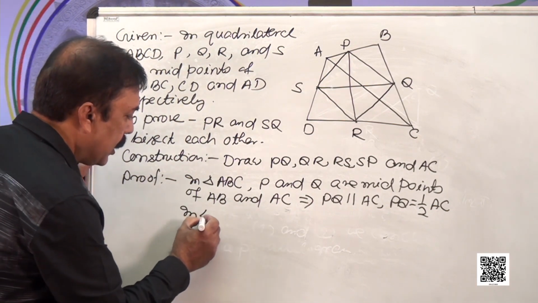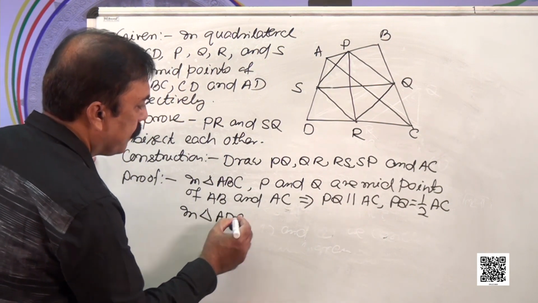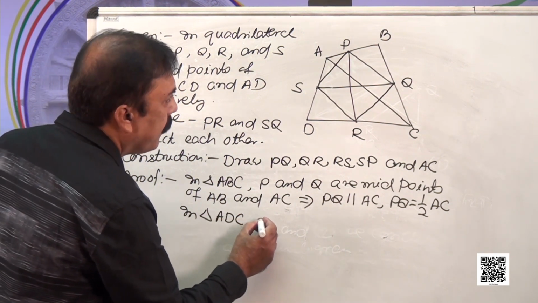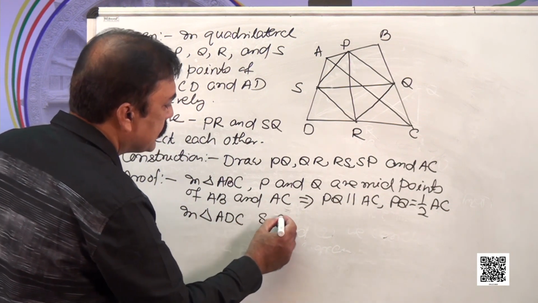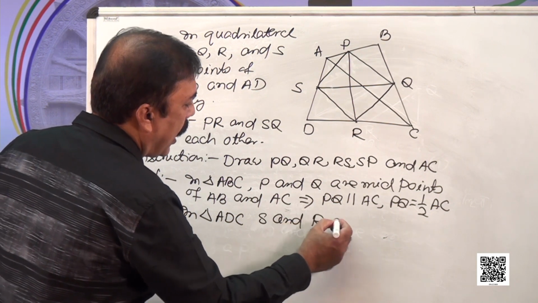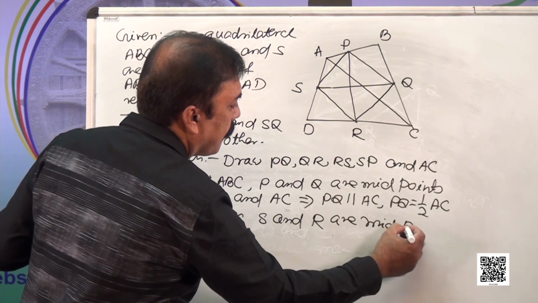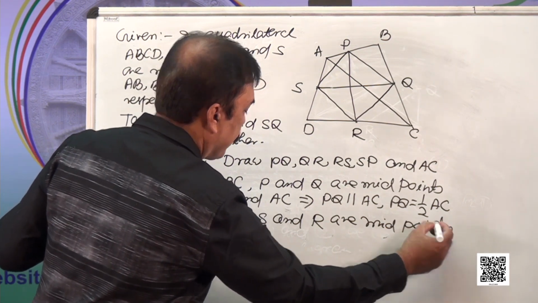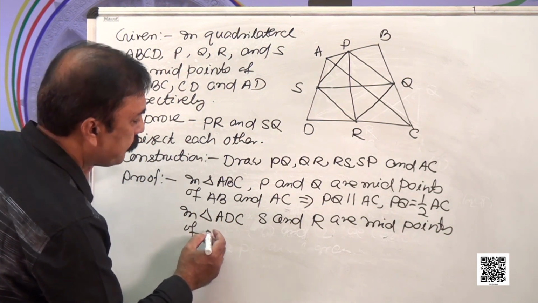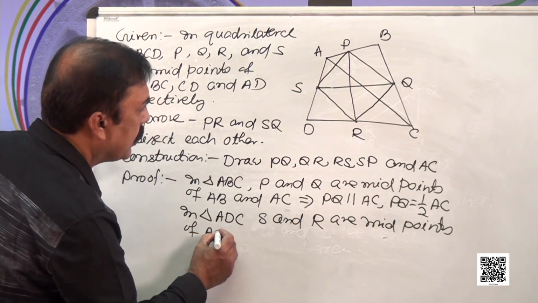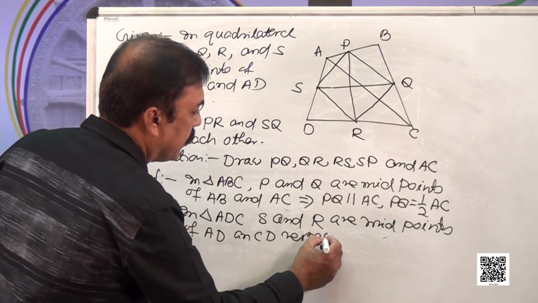Similarly, in triangle ADC, S and R are midpoints of side AD and CD respectively.